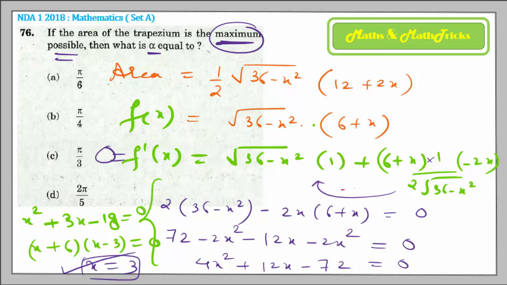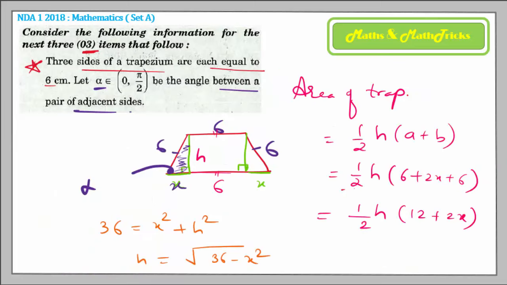So if x is equal to 3, coming on to the diagram back, here I can work out the unknown alpha. For this unknown alpha, I would take cos alpha, because the adjacent is the x part.